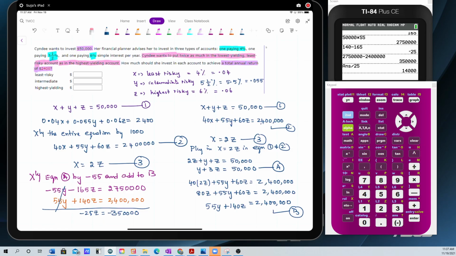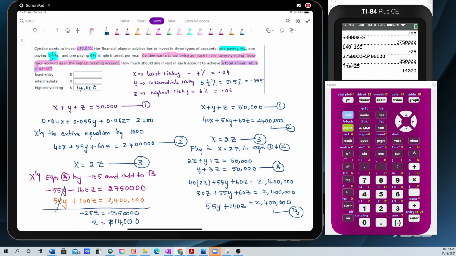So that is going to be deposited at the highest yielding account, which is $14,000. Now to find the rest of it, I will have to do back substitutions. So let me write Z is equal to $14,000. That's going to go in this column, 14,000.